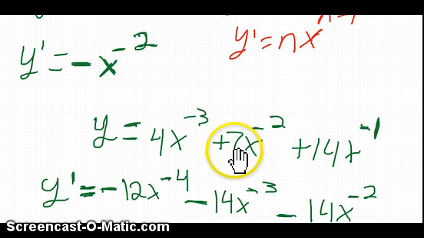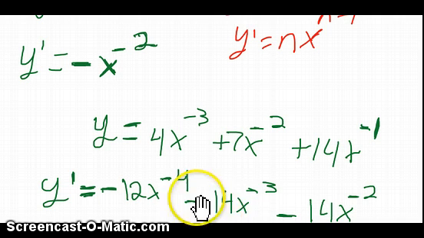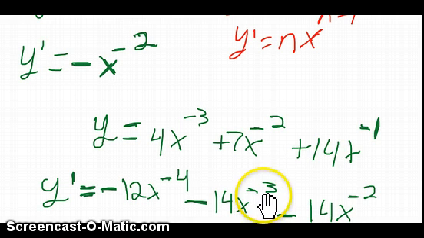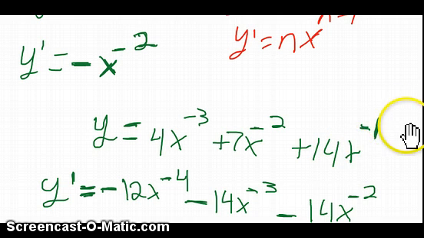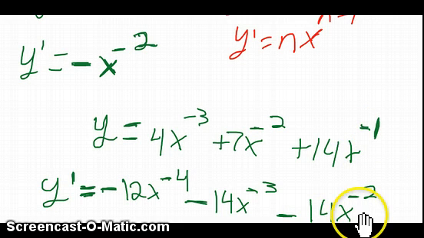If you take the negative 2 and multiply it by the 7, it turns into negative 14. So it's minus 14x to the power of negative 2 minus 1, which gives you negative 3. And then the last part is plus 14x to the negative 1, which you multiply 14 by negative 1, gives you minus 14x, and negative 1 minus 1 gives you negative 2.